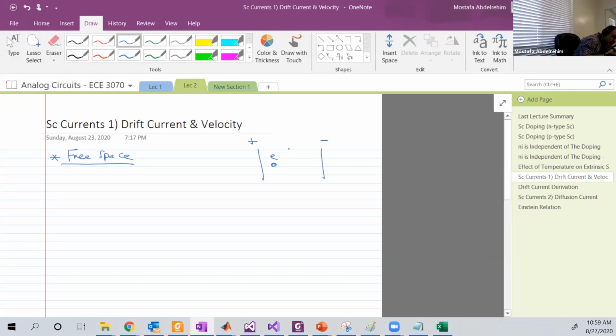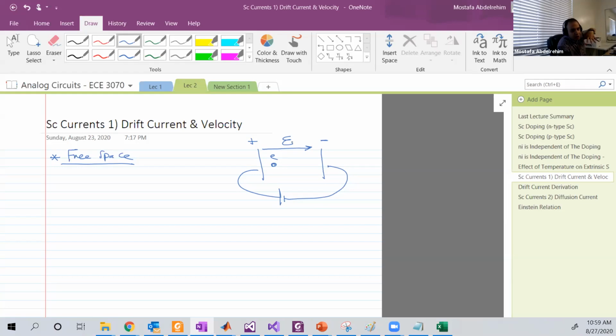If you have a voltage like this, then you have an electric field. We will call it epsilon, big epsilon. In the book, Razavi's book, it is called E, capital E. We will deviate from this symbol because we see energy band diagrams and we have E_G, you know.